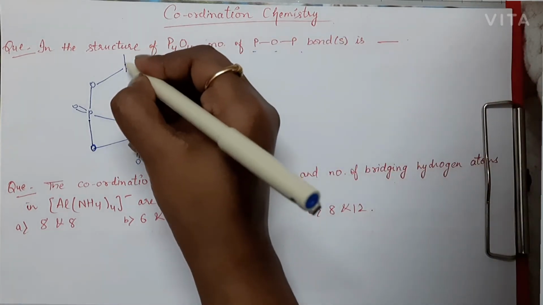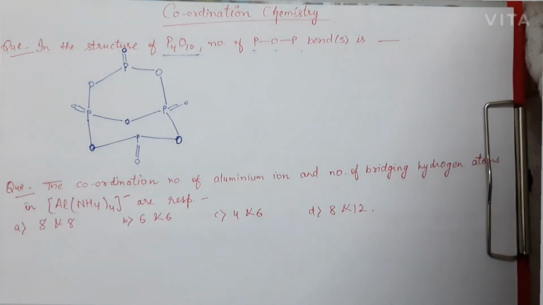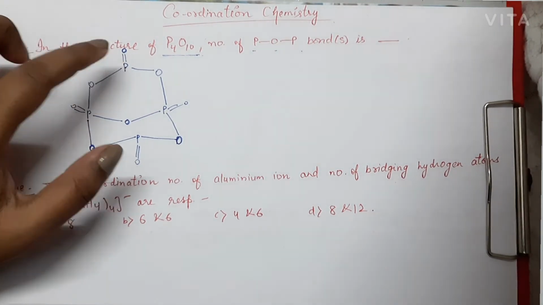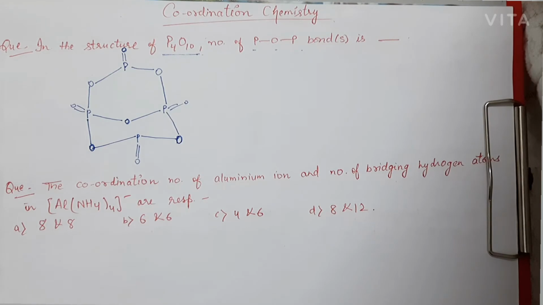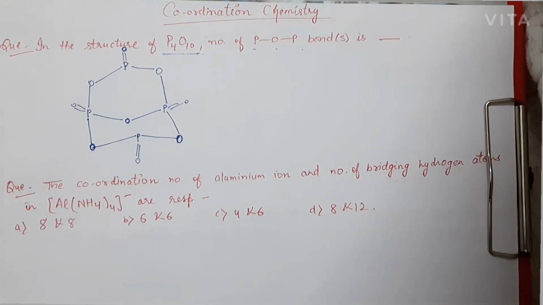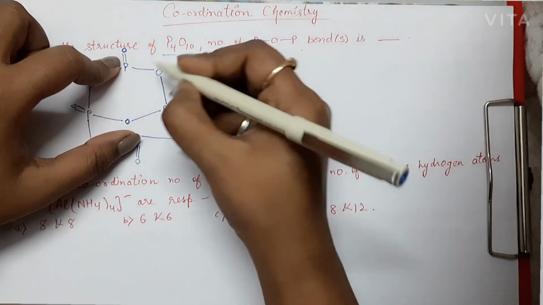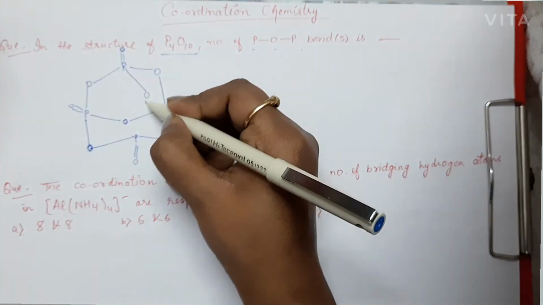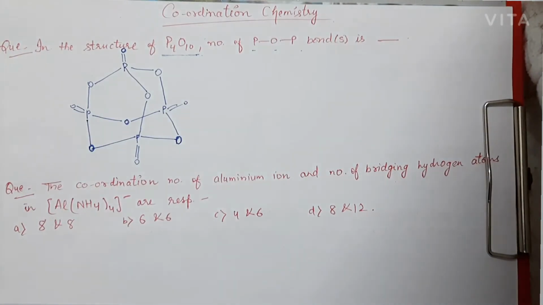And here also P will be attached with O like this, P double bond O. Now these two P will be connected via oxygen, this oxygen like this. Okay, now this is the structure of P4O10.